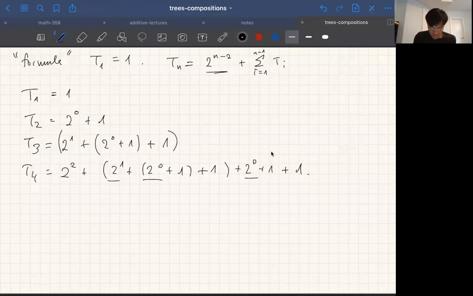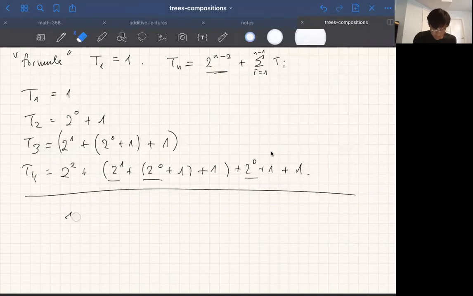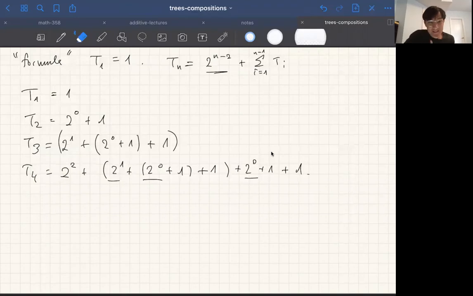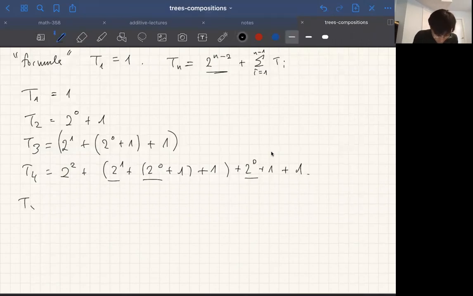Okay, let's not scrap this. We could try summing. No good. 2 to the 2 plus 2 to the 1 plus 2 to the 0. Okay, all right, let's just do it one more time.